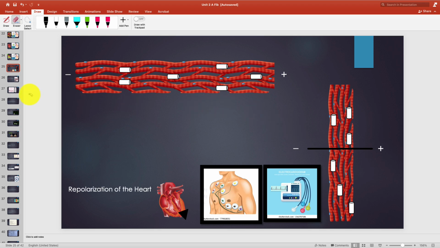So earlier in the lecture, I had mentioned that when we have repolarization, right? Let's just say, I want to make this clear so I'm 100% clear, that all of the positive charges are on this side of the muscle. It recently depolarized and it recently became filled with all these positive charges, and now we're going to repolarize.